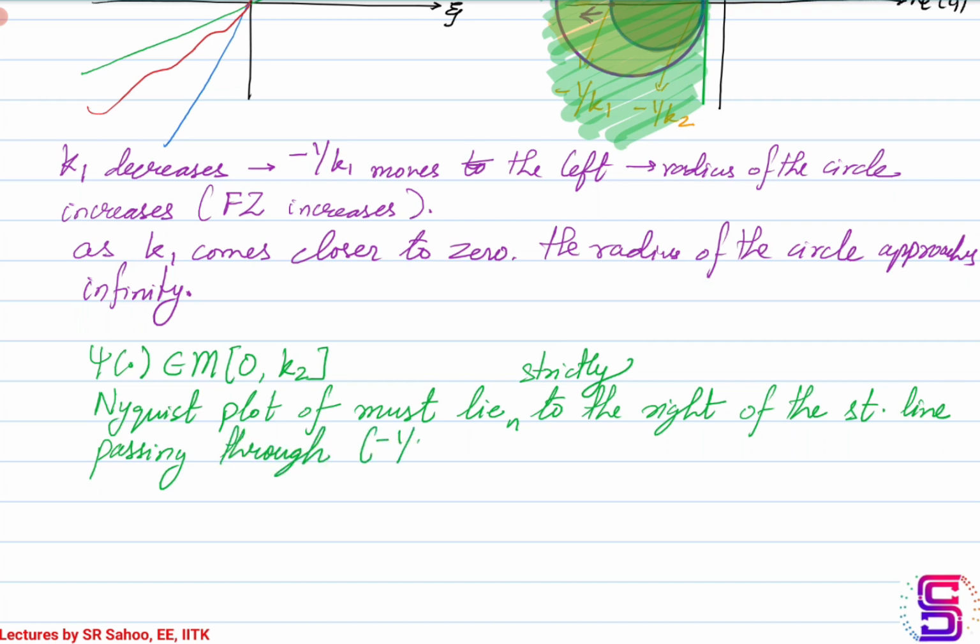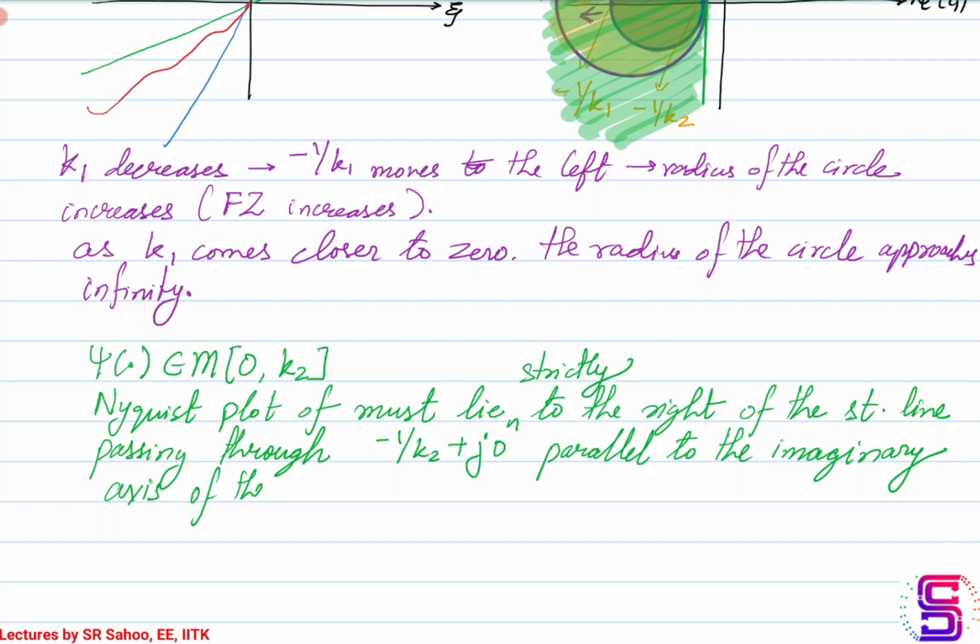passing through the point minus 1 by k2 comma 0. I can say minus 1 by k2 plus j0, parallel to the imaginary axis of the GS plane, basically the plane where you have the Nyquist plot.